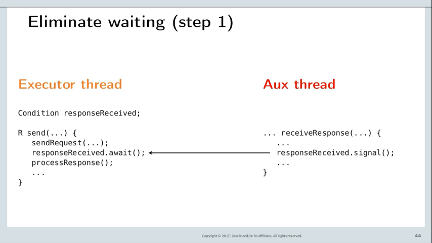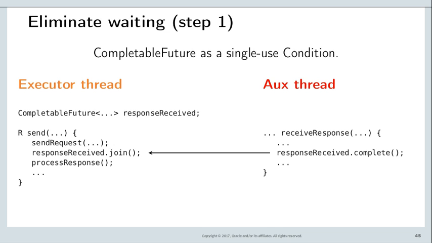First step, I have to say that CompletableFuture could be used as a single-use condition, exactly as shown here. Of course, a condition could be used several times. It's a much more powerful thing, but particularly for this task, it's enough. We are using this notification that the response was received only once. We don't need a second response, etc.